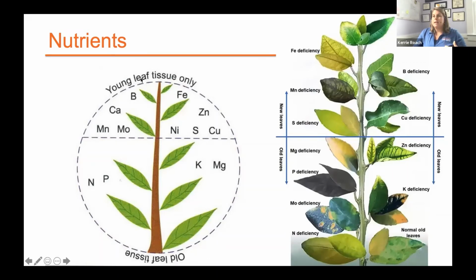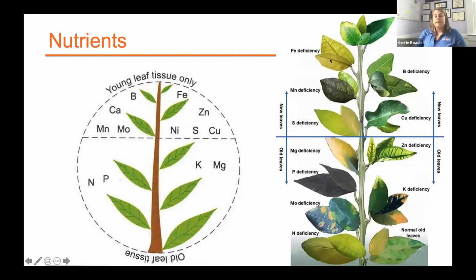And anything that's on the young leaf tissue, so any kind of yellowing or darkening of the leaf or the leaf veins that is on the young leaf tissue, so the very tips of the plant, is typically going to be manganese, molybdenum, calcium, boron, iron, zinc, nickel, sulfur, or copper, right? Those are all going to be on the tips, versus these that show up on the older leaf tissue first is going to be nitrogen, phosphorus, potassium, and magnesium.